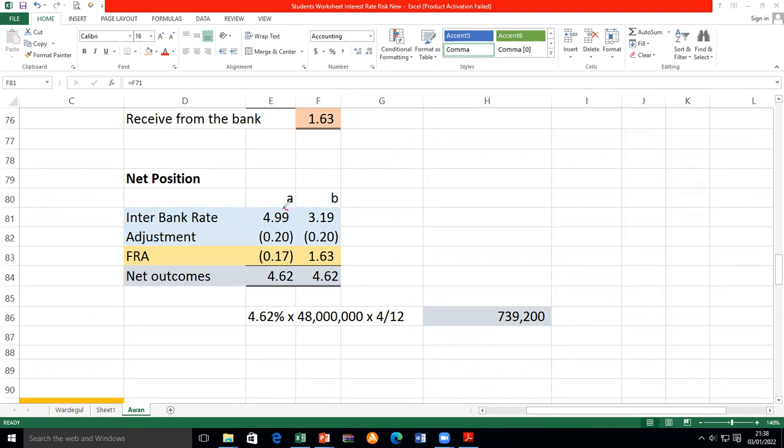However, you had hedged using the FRA. Therefore, here you are paying the bank, so it's a cost. Here, you are receiving money from the bank, so it's an income. So whether the interest rates have gone up or down, your effective investment rate is 4.62.